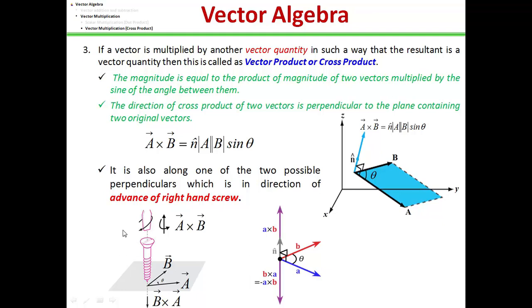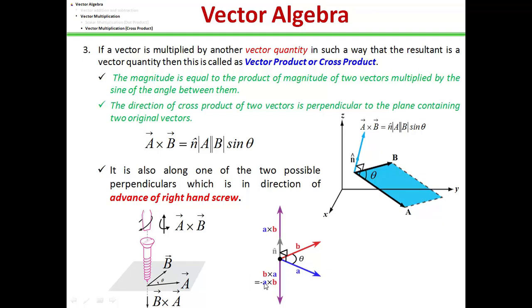In other words, the orientation of vectors may vary the direction. You can already see that a cross b and b cross a have different directions, because the angle forming from a to b will provide the anti-clockwise rotation, so the thumb will point upward, so a cross b will provide the upward direction.